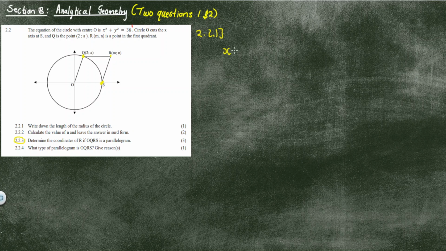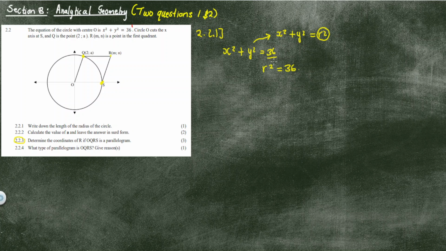Alright, now the equation of the circle is 36. The equation in its general form is x squared plus y squared equal to r squared. Whatever value you get on the right hand side is a squared value, meaning that in order to get your radius, we calculate this. So r squared is equal to 36.